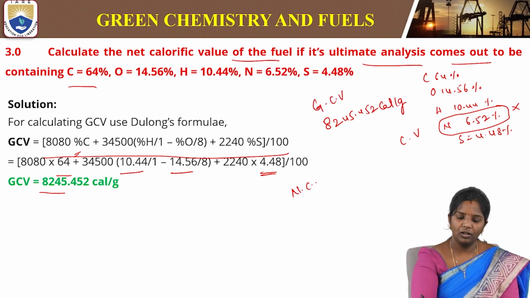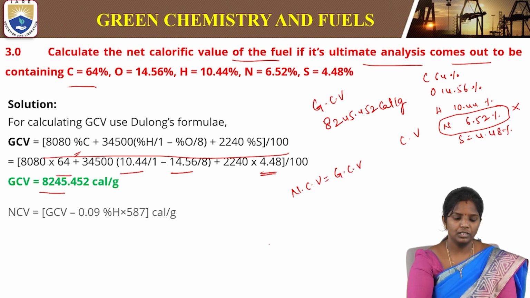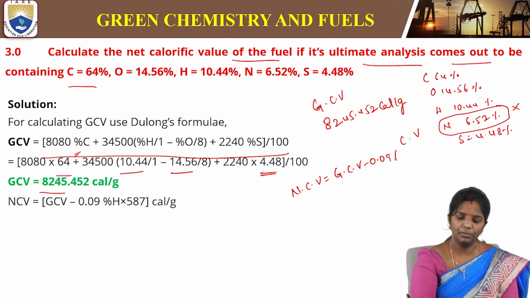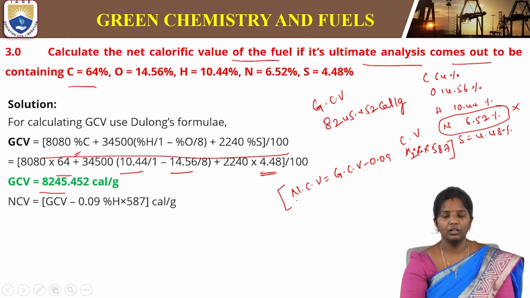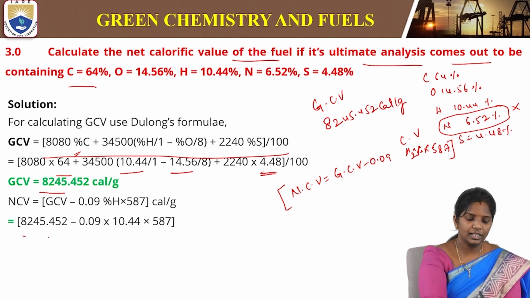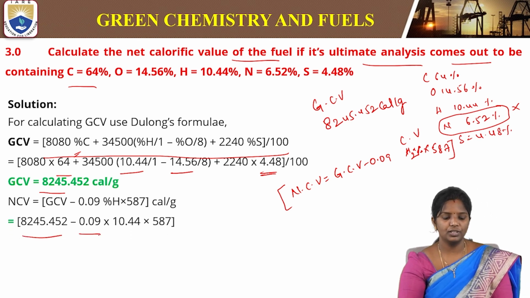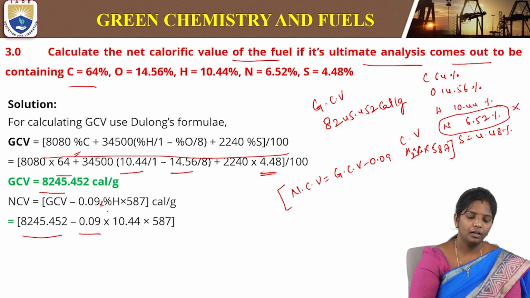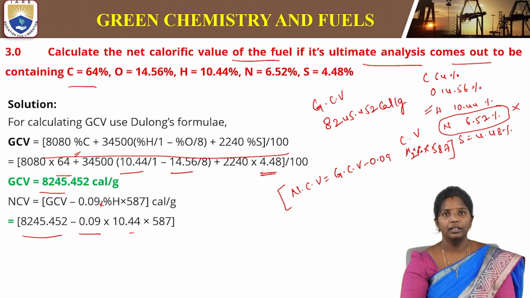Now NCV, the net calorific value, is equal to GCV minus 0.09 into hydrogen into 587. So this is the net calorific value formula. So now we will be substituting the gross calorific value minus 0.09 into percentage of hydrogen 10.44 and into 587.